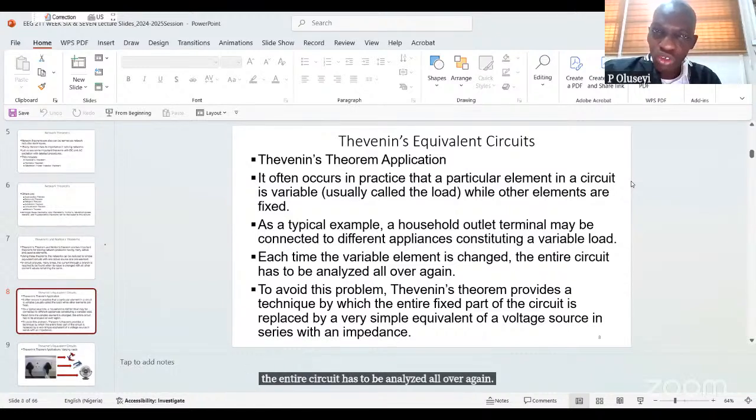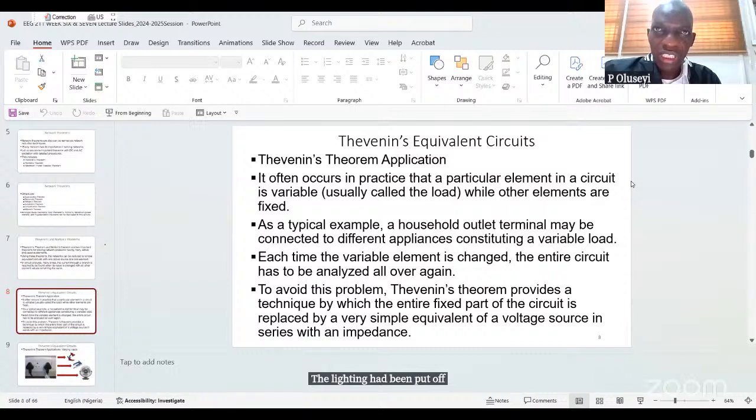Why do we say your load is variable? When I came to my office this morning, I didn't put on everything. Before I came in, the load was at a certain level. Maybe my cooling system, especially the refrigerator, is the only one functioning. The lighting had been put off.